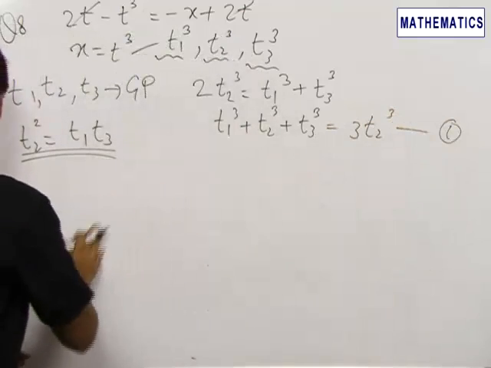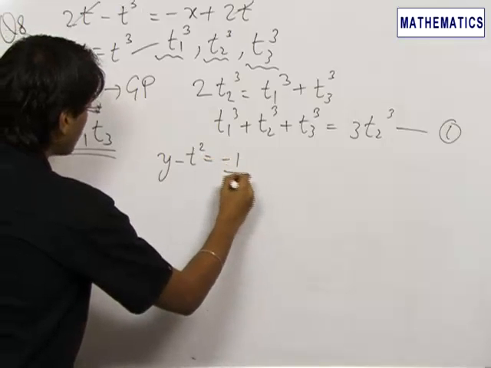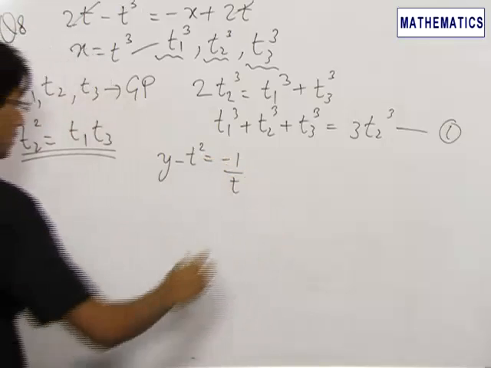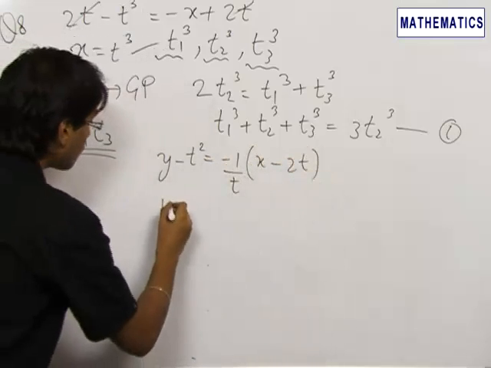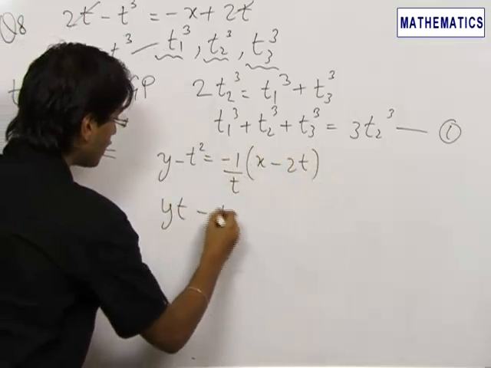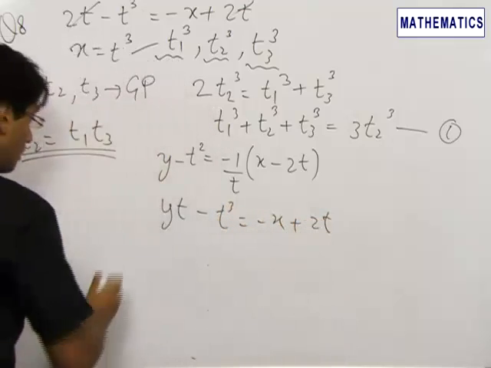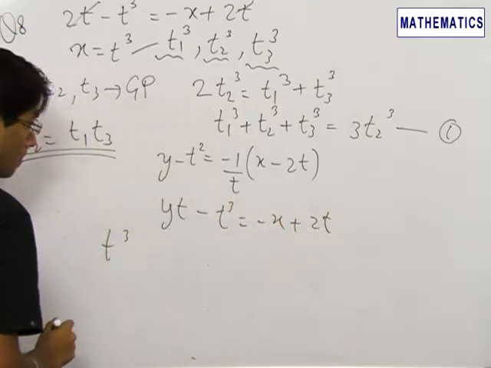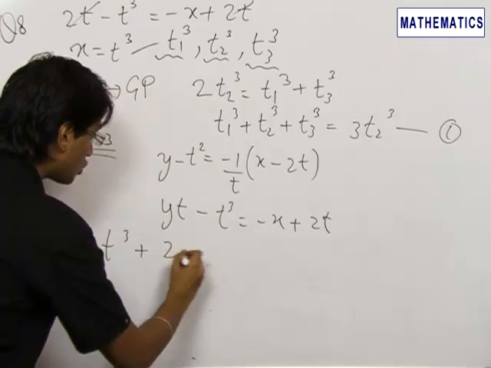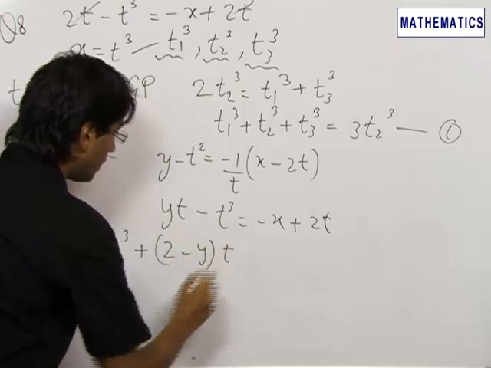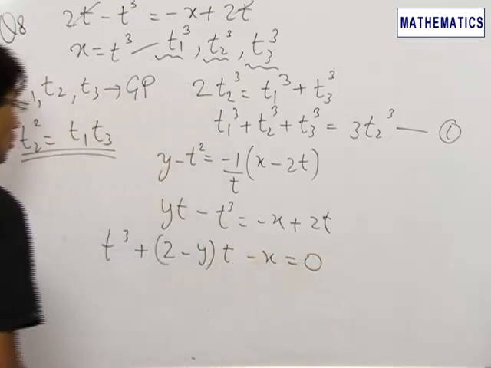Also, our equation of normal was y minus t square is equal to minus 1 upon t times x minus 2t. That is, yt minus t cube is equal to minus x plus 2t, or t cube plus 2 minus y times t minus x equals 0.